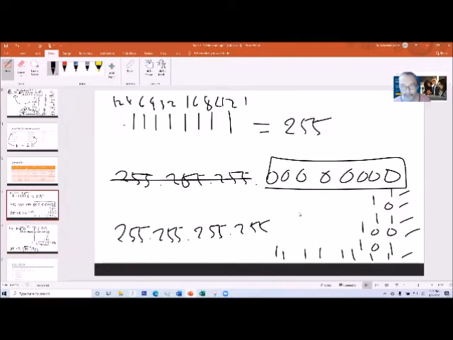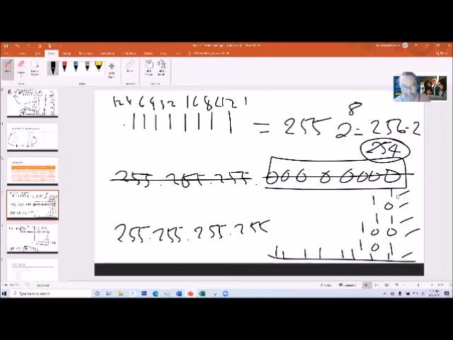In this example, that is 2 raised to the power of 8, because we have only 8 bits there, and that is 256. I told you that the first and the last cannot be used. That's why it's minus 2. So in theory, you are going to use only 254 IP addresses.